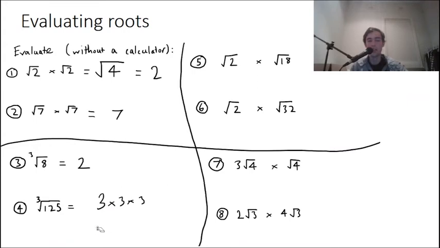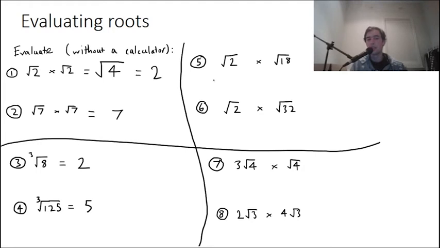What about 4 cubed? 4 times 4 is 16. 16 times 4 is 64. It's too small again. What about 5? 5 times 5 is 25. Times 5 again, you get to 125. So the answer is 5.